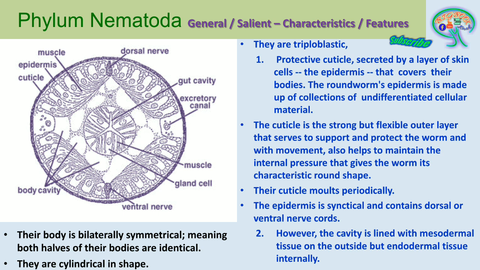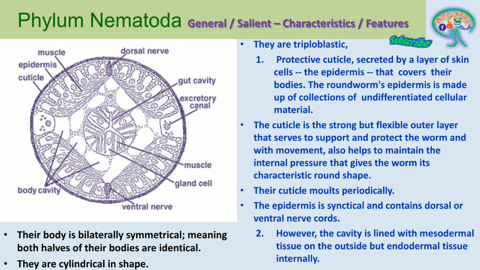Here the tissue differentiation is higher. So they are triploblastic, with ectoderm, mesoderm, and endoderm. The ectoderm is the epidermis, and there is a protective cuticle secreted by a layer of skin cells.